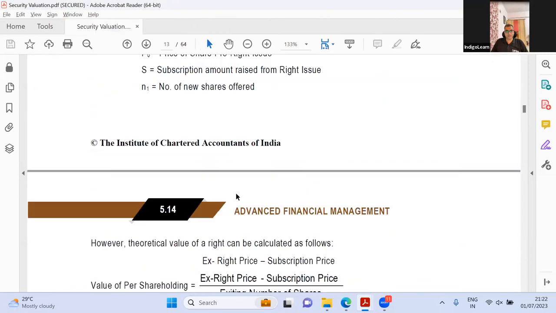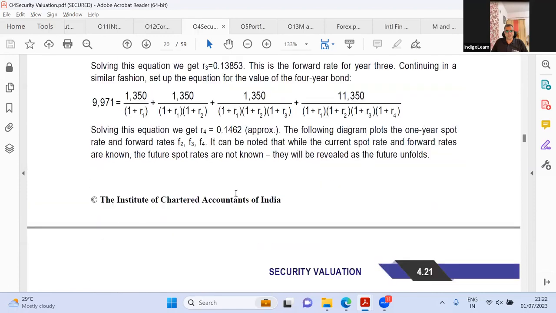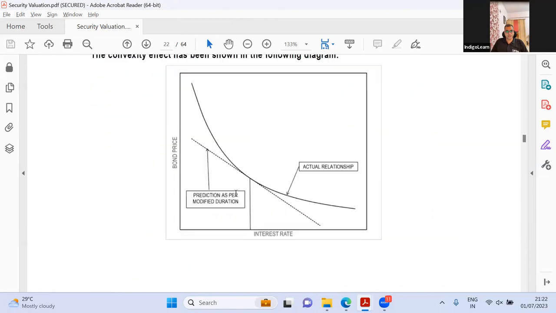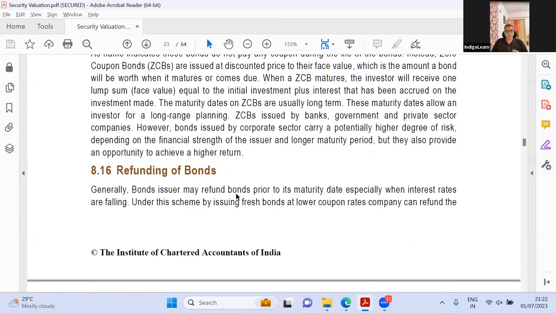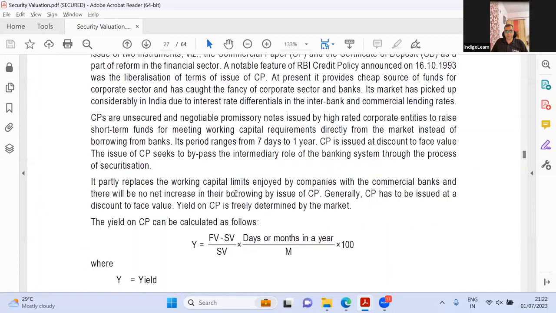There is absolutely no difference here till, I think, term structure also is pretty much the same. Zero coupon bond, duration, certificate of deposit, commercial paper, then roles are here.